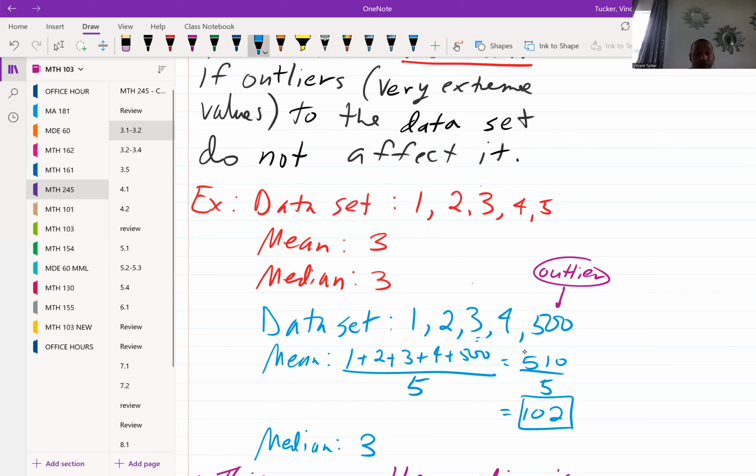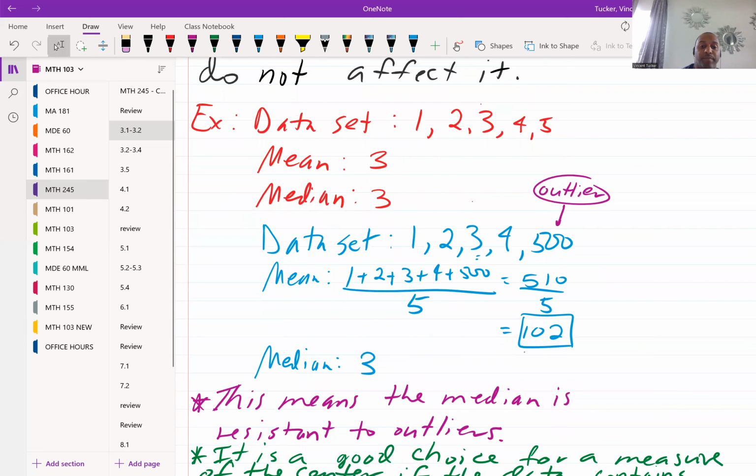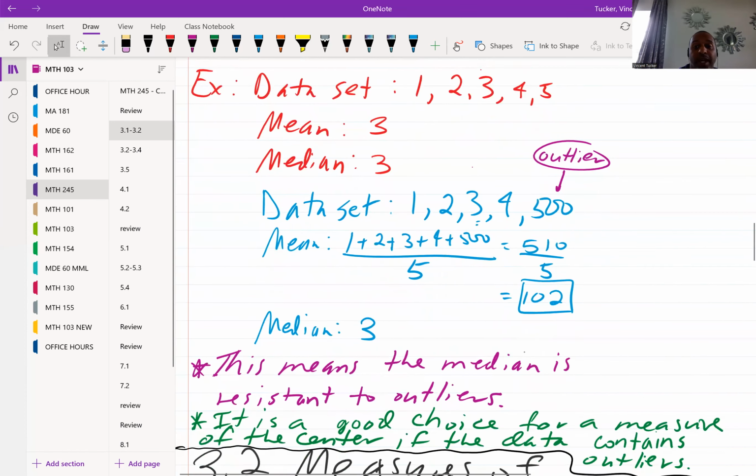You have 1, 2, 3, 4, then you have 500, a very extreme value. Now, if I add those data values and divide by the number of data values, that would give me 102. So notice my mean did change. But the median is still 3, because remember, your median is just your middle value. So the median is considered resistant to outliers. Outliers do not affect your median. Other things may affect it, but not outliers.